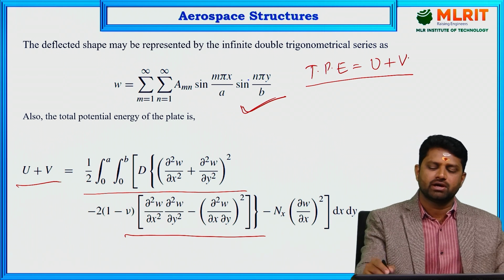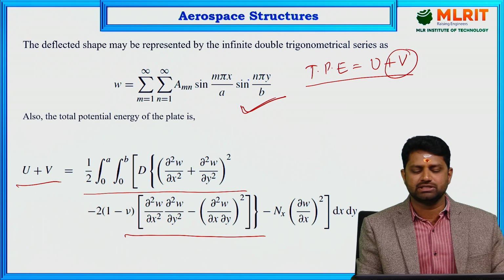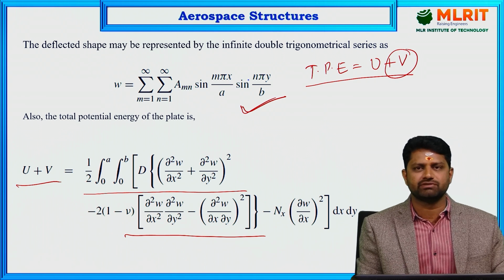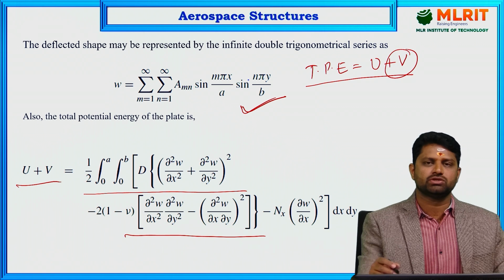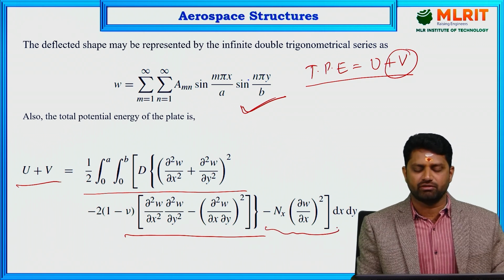Then we are going to add V, the potential energy. Since in this diagram we consider the Nx compressive load, the potential energy due to the Nx compressive load is given by minus Nx of (dou W by dou X) whole square dx dy.